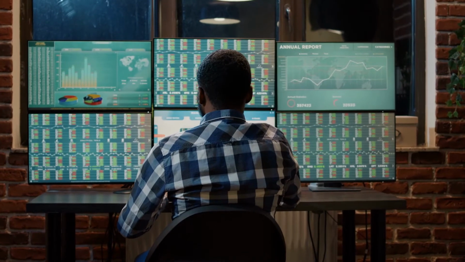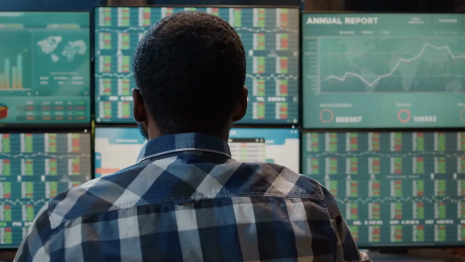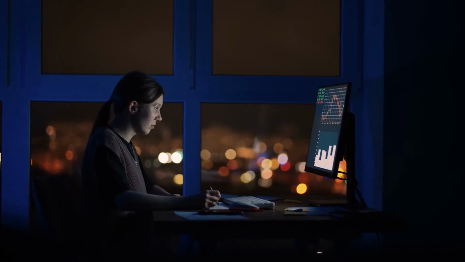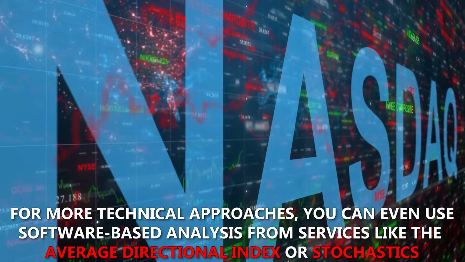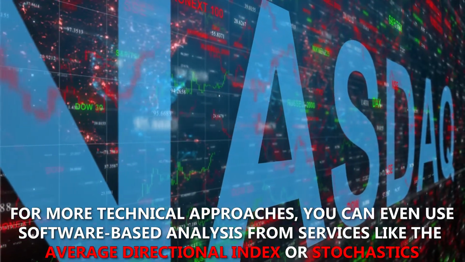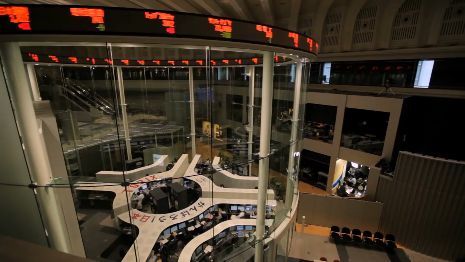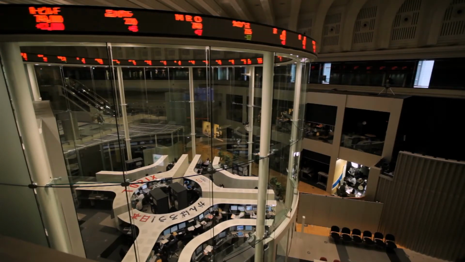In fact, the study we mentioned earlier found that stocks and commodities that rise or fall for 12 or 3 months generally maintain that trend for 12 or 3 more months with considerable reliability. For more technical approaches, you can even use software-based analysis from services like Average Directional Index or Stochastics, both of which identify and rate a stock's momentum to help you identify the potential reward or risk in an investment opportunity.